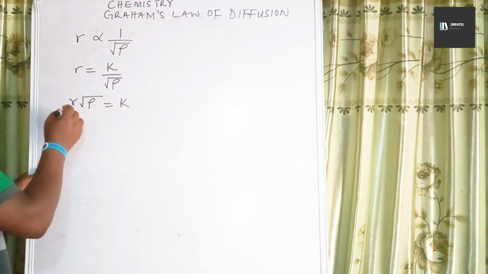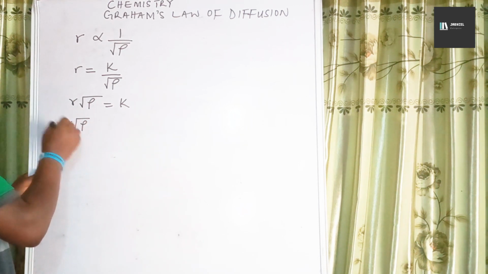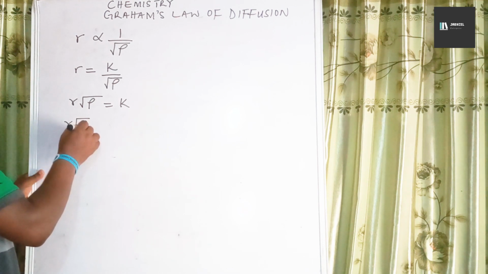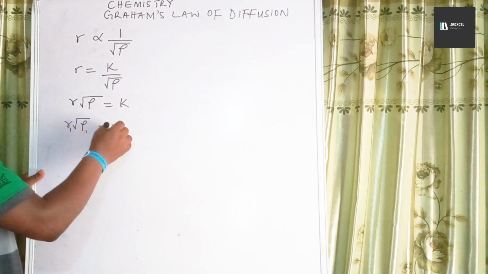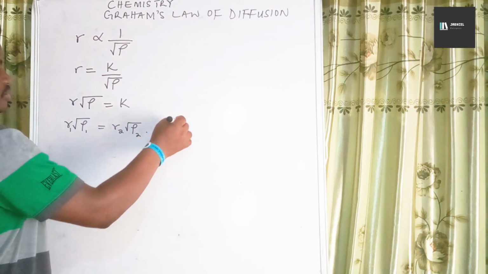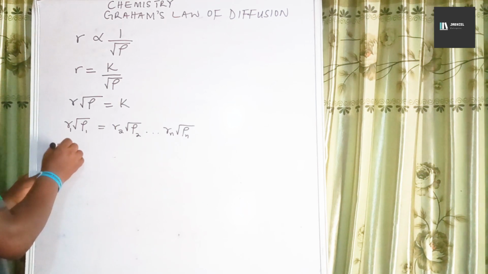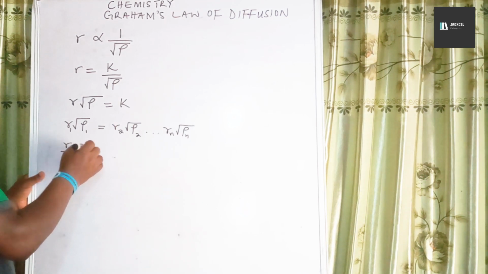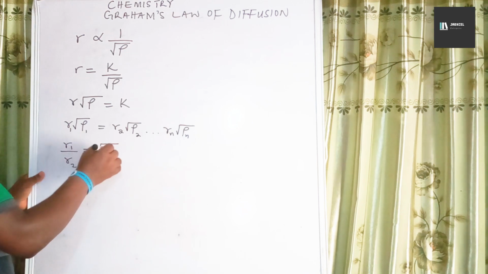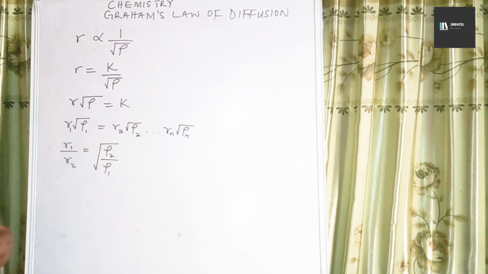Then from here we can say r1 square root of density 1 equals r2 square root of density 2, up to rn square root of density n. Then we can generally deduce that r1 over r2 equals square root of density 2 over density 1. What is the essence of this expression?